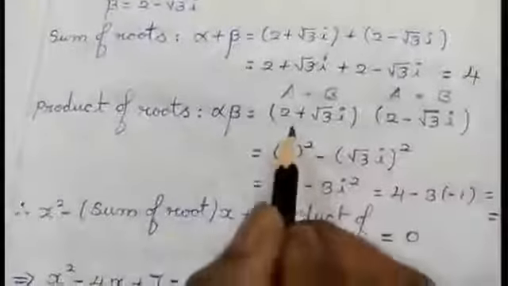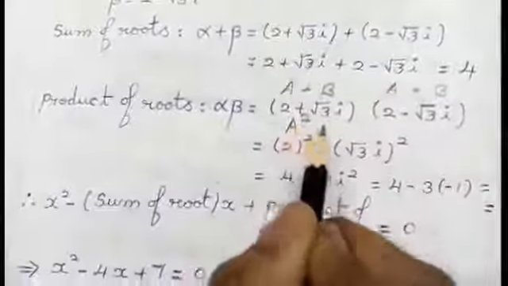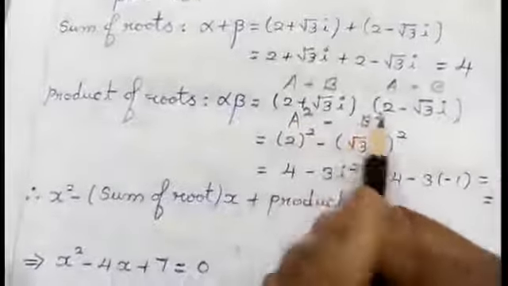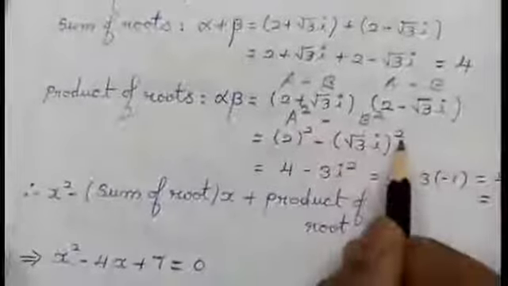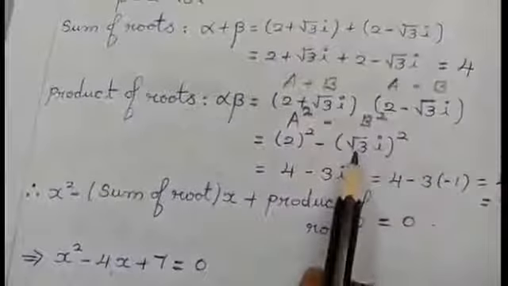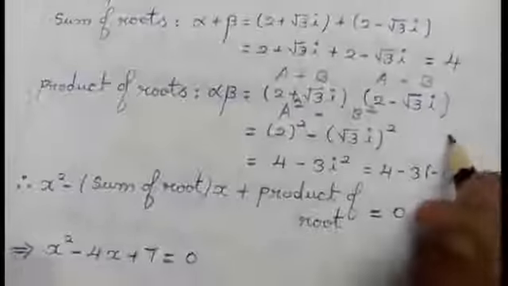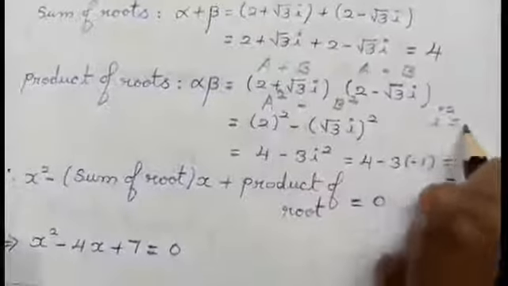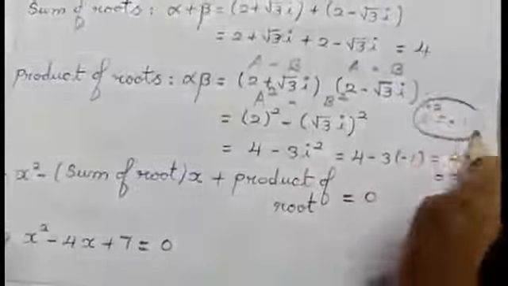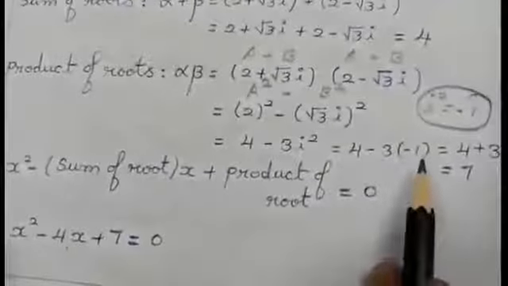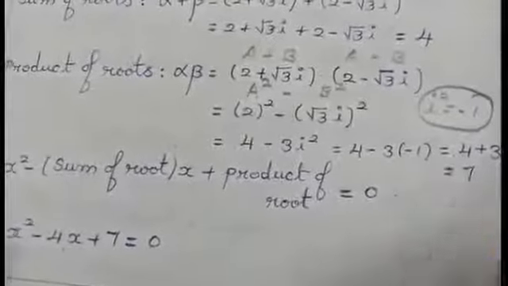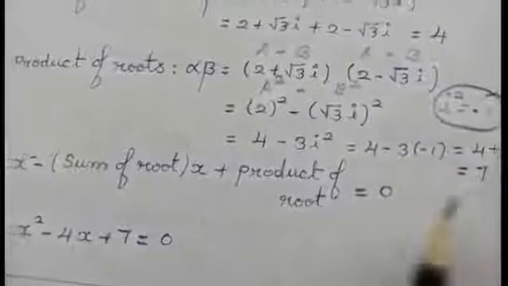So according to the algebraic formula, I get a square minus b square, so root 3i the whole square. What is the value of root 3 the whole square? 3. Instead of i square, I replace the value as minus 1, since the value of i square is minus 1. After calculating, I get the answer as 7.